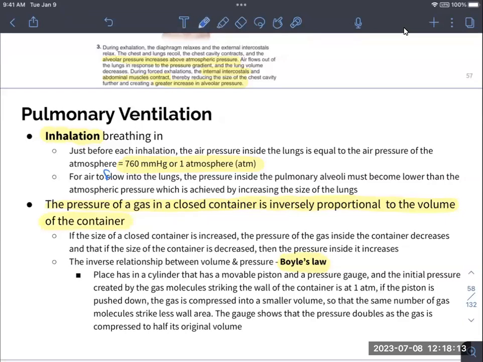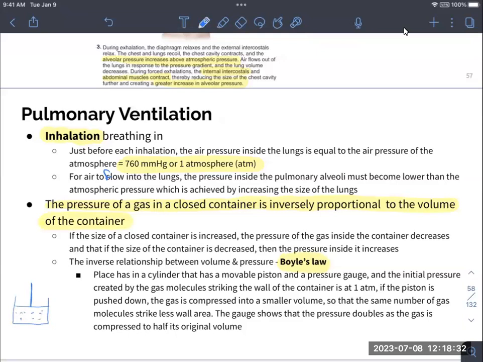So say we have some sort of jar with a lid and a device that can push down on it. We have a lot of air particles in here.